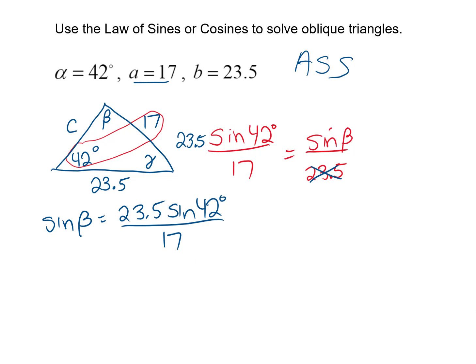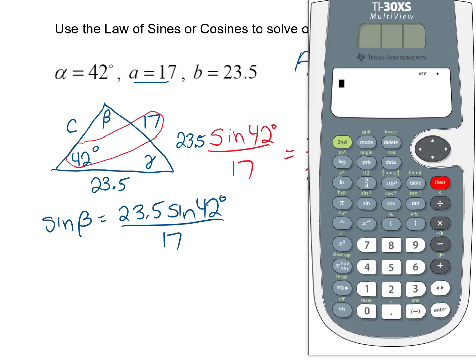So we're going to get the calculator, and I'm going to go ahead and pull one up here. And we always make sure before we punch buttons that we're in the correct mode, and we can see the DEG here, so we're in degrees. So I'm going to hit the second so that I can get the inverse sine, and then I've got 23.5 sine 42, parenthesis to finish the sine, and then divided by 17, parenthesis to finish the inverse sine.